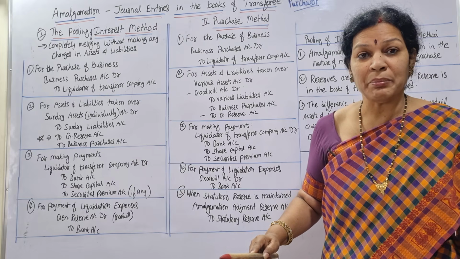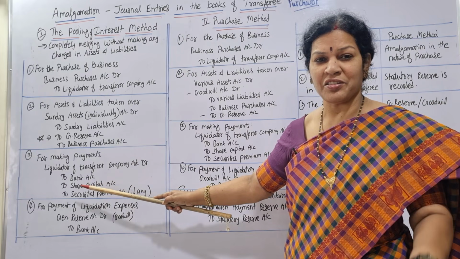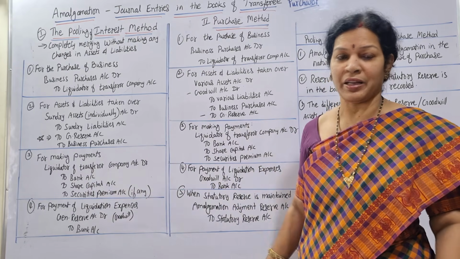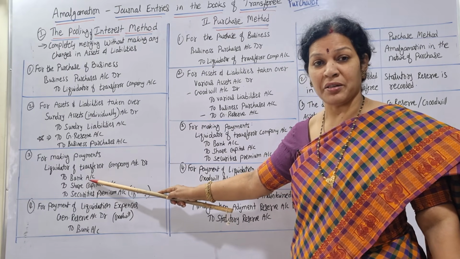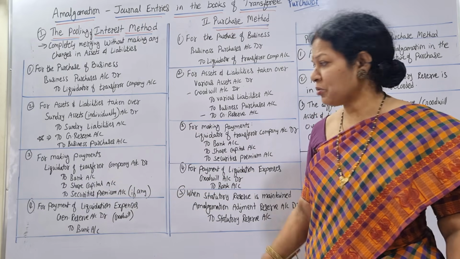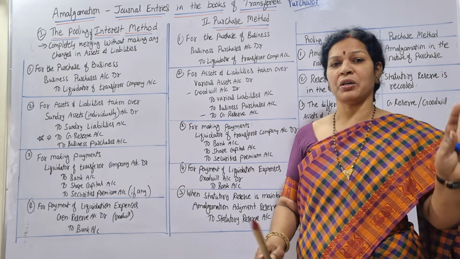How we are making the payment? Generally all the transactions are made through the banks. That is why rather than using cash, we use bank. Through the cash means bank. And sometimes you may be giving shares also. So share capital account. Shares can be preference shares or equity shares, whatever it may be.